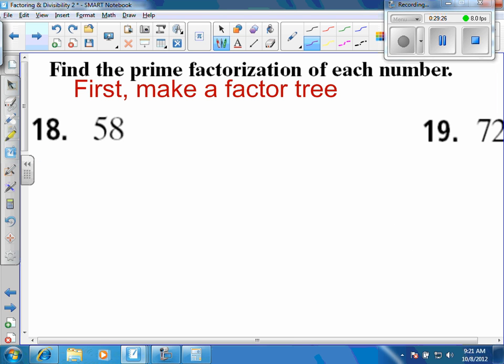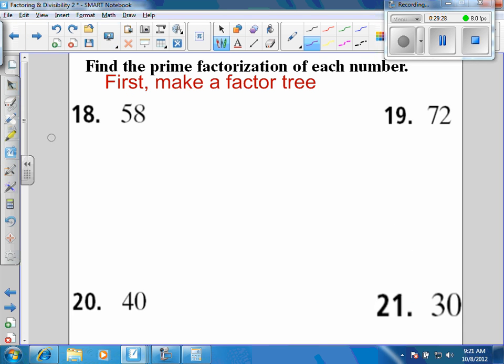On the next slide, you make your own factor trees. Okay, so 58. Does 2 go into 58? 2 goes into 60 how many times? 30. So 2 has to go into 58 just a little bit less. How many times? 29.